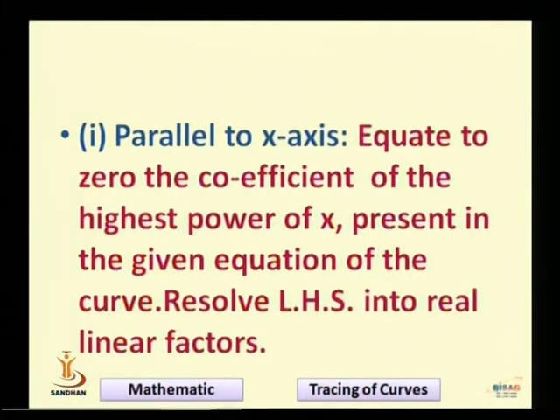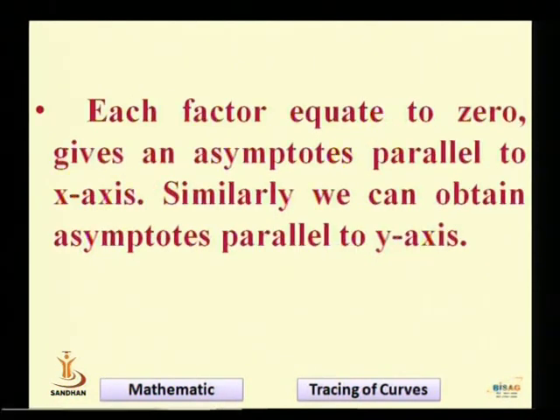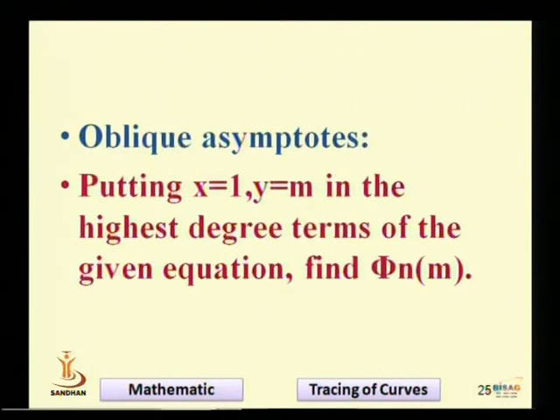Equate each linear factor to 0, which gives you the asymptotes parallel to the x-axis. To find the asymptote parallel to the y-axis, in the same way, equate to 0 the coefficient of the highest power of y present in the equation, resolve it into linear factors and equate each linear factor to 0, which will give you the asymptotes parallel to the y-axis.